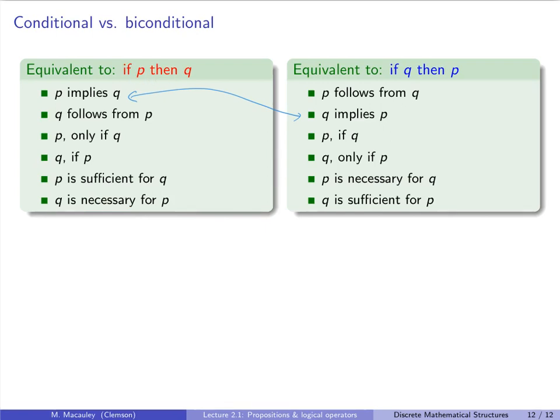So I'll say that the converse of Q being necessary for P is P is necessary for Q, and the converse of P is sufficient for Q is Q is sufficient for P. So these things all match up like this. The converse of P follows from Q is Q follows from P.